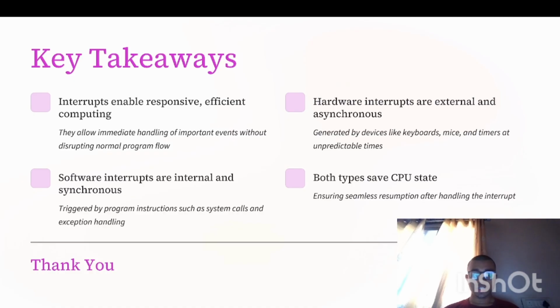Hardware interrupts are external and asynchronous, completely unpredictable, and come from hardware devices like keyboards or mouse. Software interrupts are internal, software coded, synchronous, and predictable. In both cases, the CPU saves its current state to ensure a smooth resumption once the interrupt is handled. Thank you.